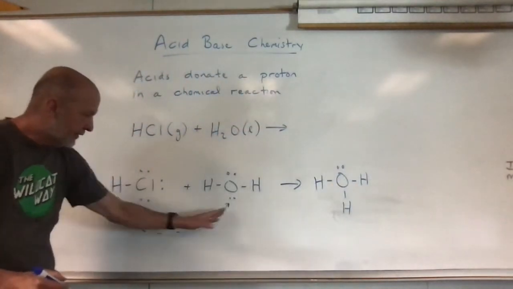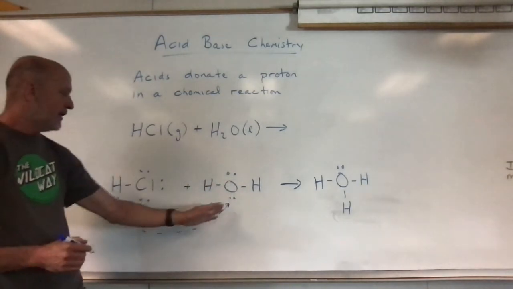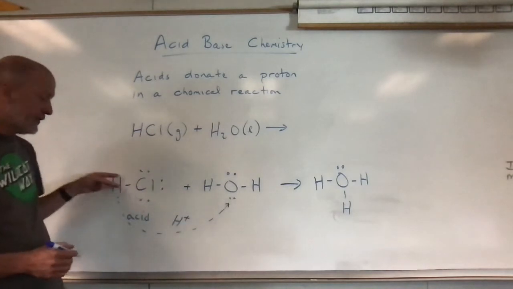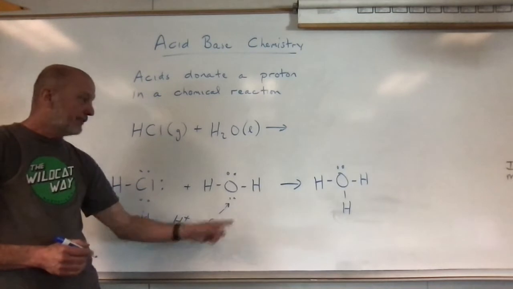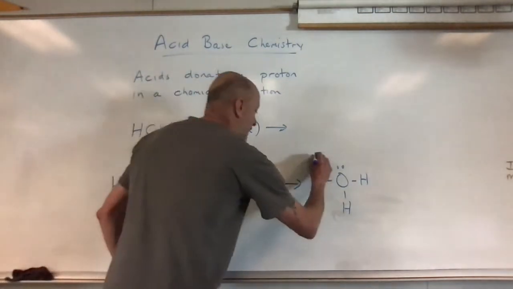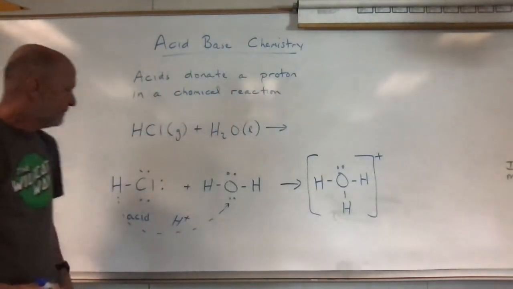I get that. So the hydrogen is going to take one of these two pairs and latch onto it and be shared here. It was sharing this here with chlorine, but the proton itself leaves, and now it's going to come in and latch here. I now have an ion that's positively charged. What happens here?